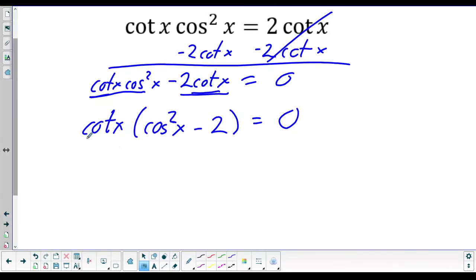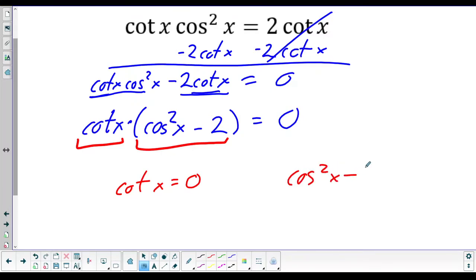So now we have two factors being multiplied together, and they equal 0. So we can just set this equal to 0 and this equal to 0, and then solve for x that way. So let's split them up. So we're going to have cotangent of x equals 0, and we're going to have cosine squared x minus 2 equals 0.